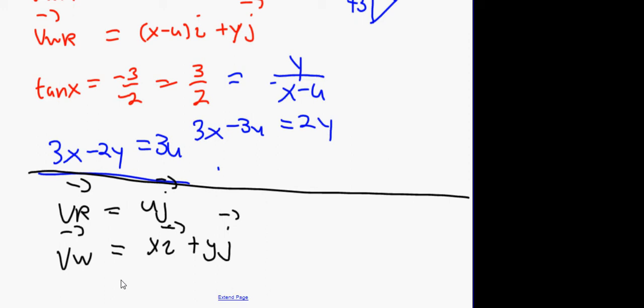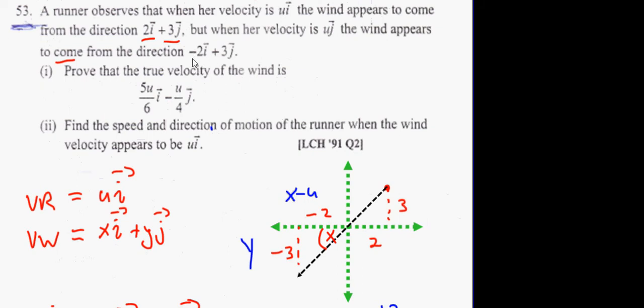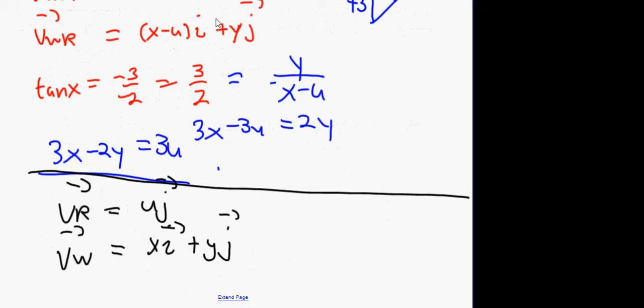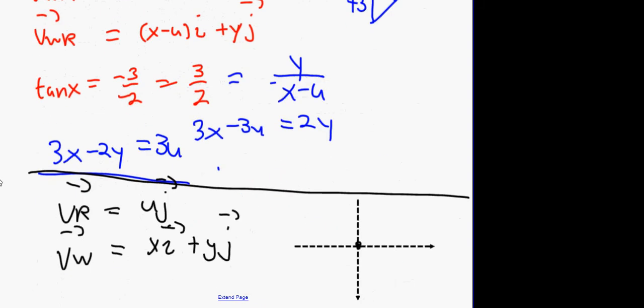The velocity of the wind relative to the runner, we don't know, what we know is the direction. It comes from the direction minus 2i plus 3j.